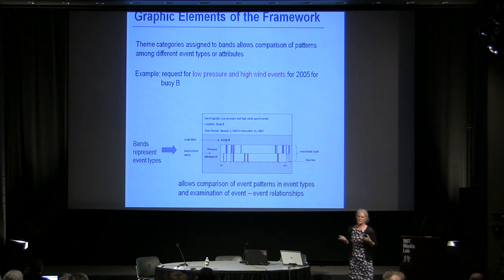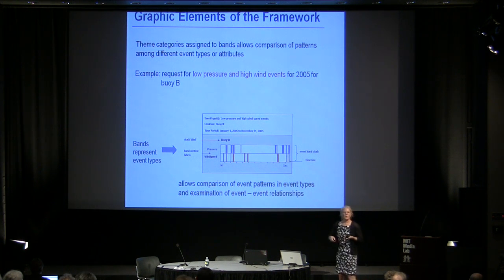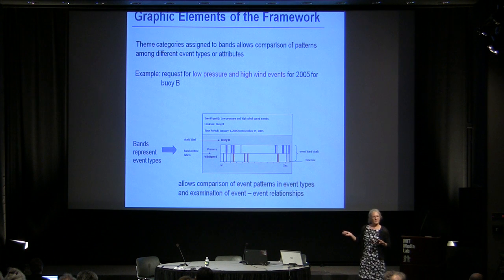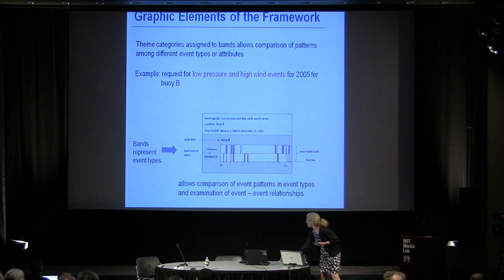Is it always associated with a wind speed event, and does that occur after or before? I can start to look for patterns, and there's sort of a hypothesis formulation. Do I see patterns, and can I then start to test and see if they might be significant?